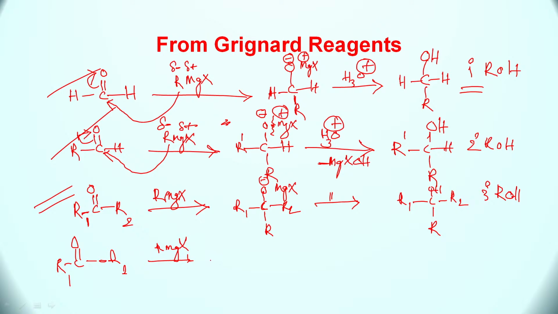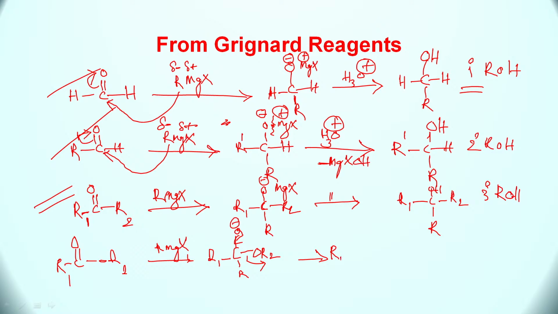first there is an addition, R1 and O minus, OR2, and here there is an R, and these electrons come like this, and there is a removal of OR2.